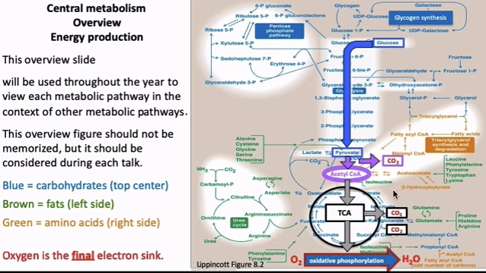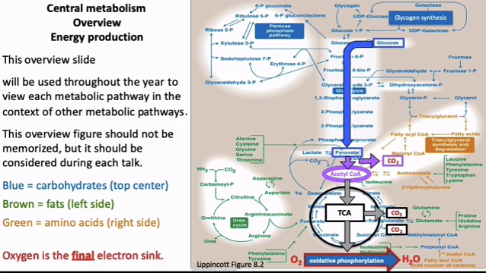In the middle in purple, I'm showing the conversion of pyruvate to acetyl coenzyme A, which feeds into the citric acid cycle, the circle in the middle in black, and ultimately electrons fall into the electron transport chain in oxidative phosphorylation. My plan is to include the central metabolic pathway figure in almost every talk I give, so that you will be able to map in your mind how the given metabolic pathway that I'm talking about in one talk fits in with the other metabolic pathways.